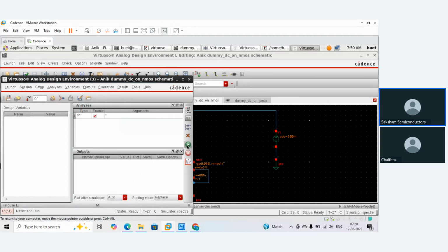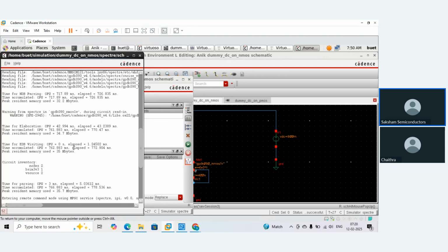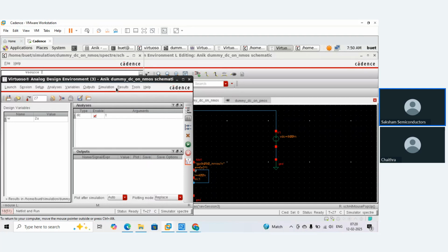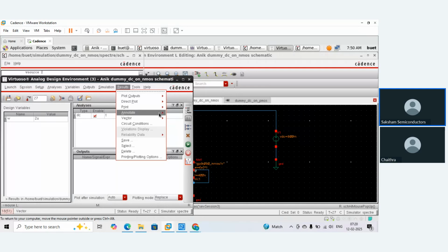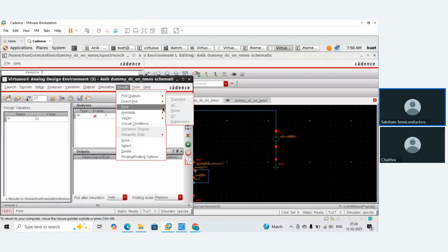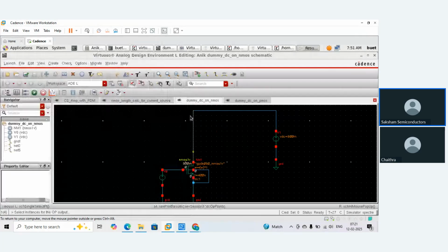Let's choose for now the value of W to be equal to 2 micro. Let's run it. Once the run is done, we go over here, results, DC operating points.